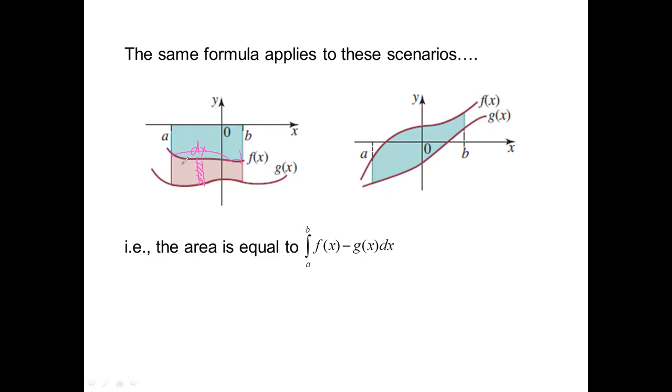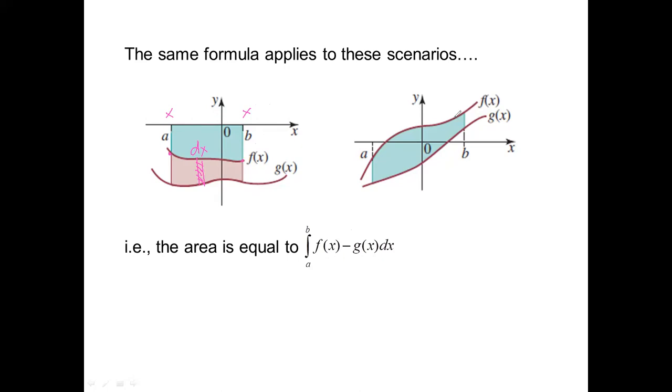Oh, sorry. So your limits here will be from A to B because this shaded area is bounded by these values of x from A to B. So you will have the limits from A to B. So it's f of x minus g of x.